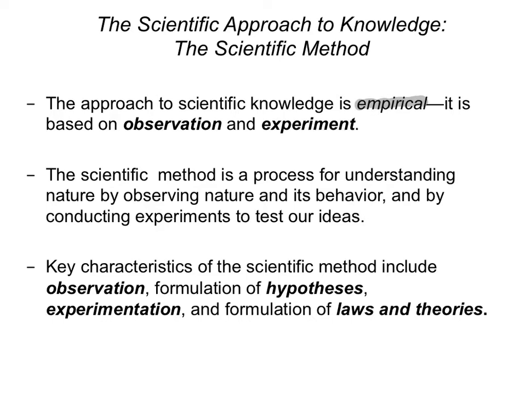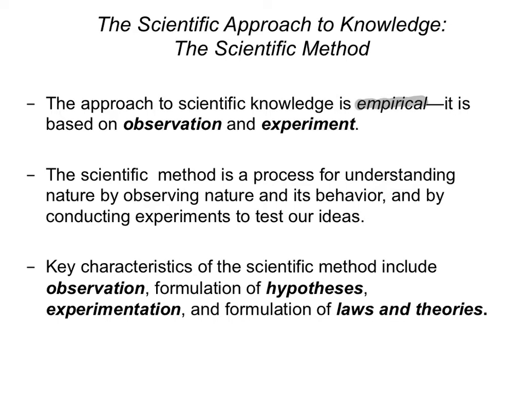How do we know anything about anything in empirical sciences? What method do we utilize? Scientific method, right? And what is that based on? Number one, it's based on what is called observation, right? I'm going to go through all the little facets of the scientific method so you guys understand exactly how it works. And then I'm going to ask you a little question to make sure you got everything I said, okay?